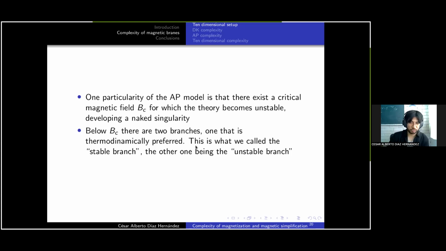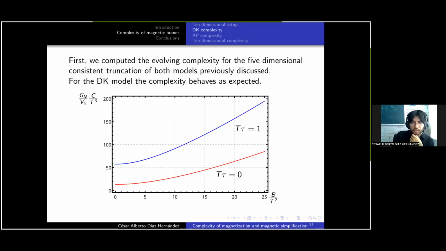One that is thermodynamically preferred, and this is what we call the stable branch. The other one being the unstable branch. So we will have two different solutions. And well, knowing all this, we can now compute the complexity of these two theories.